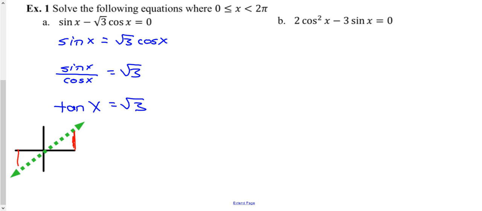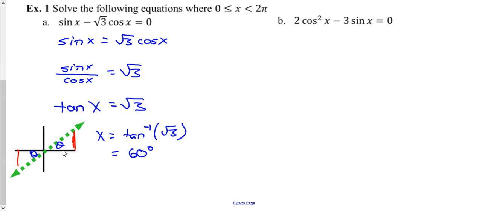We do want to eventually find this reference angle here and this reference angle in here. So let's find what x is equal to. If you go inverse tan, so tan x equals tan inverse of root 3, x is then going to be equal to 60 degrees.